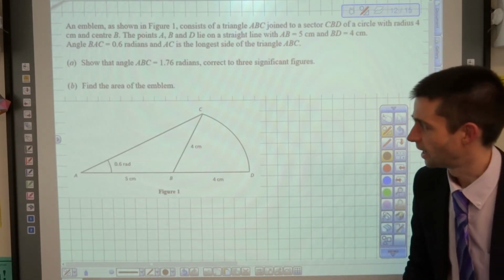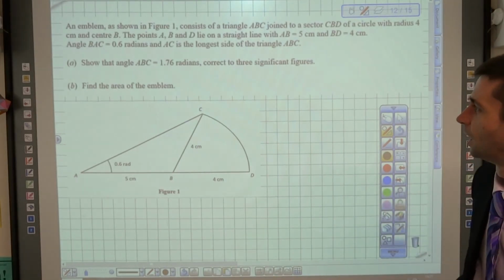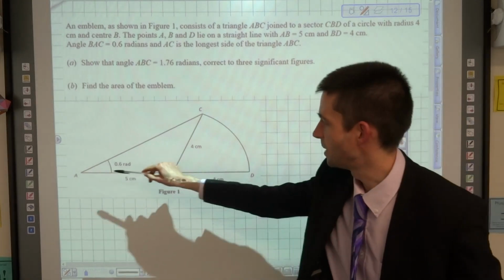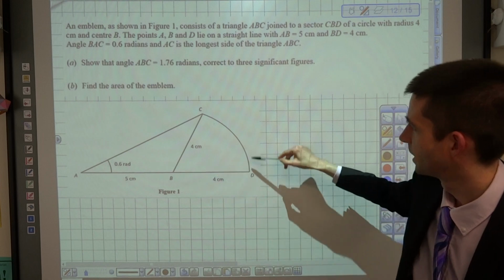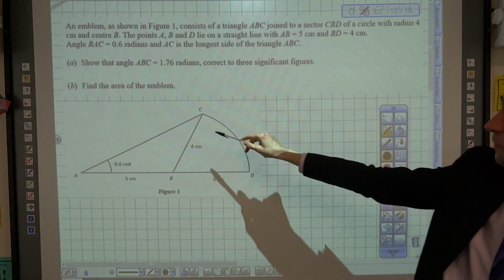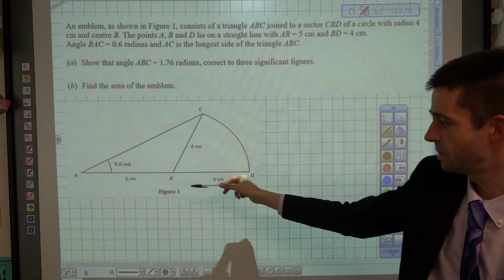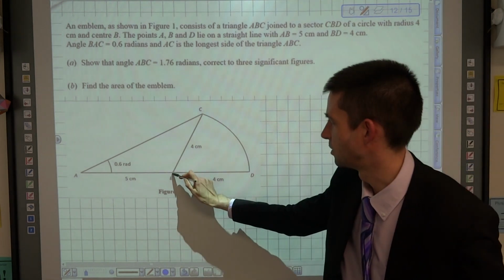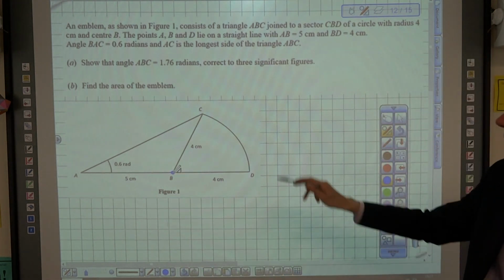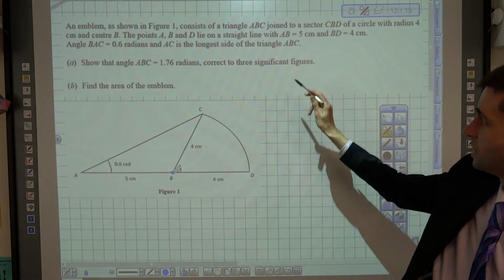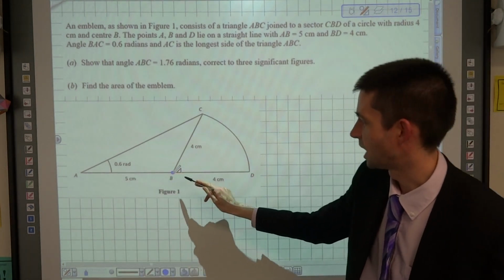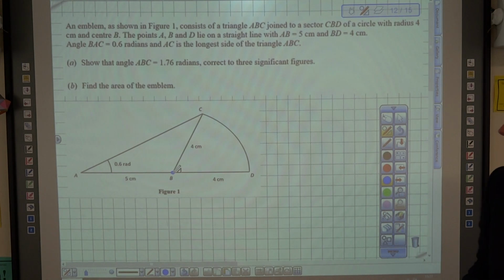Okay, so here we have an emblem, as shown in figure 1, consists of a triangle ABC joined to a sector CBD of a circle with radius 4 centimetres and centre B. So this is the centre of the circle here. The points A, B and D lie on a straight line with AB equals 5 centimetres and BD equals 4 centimetres.